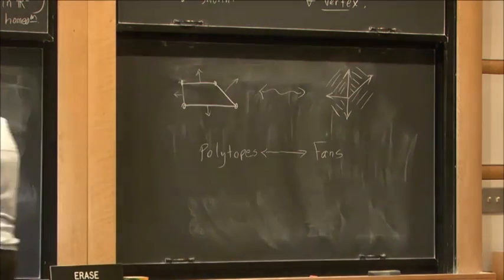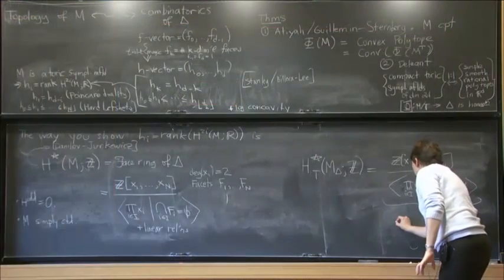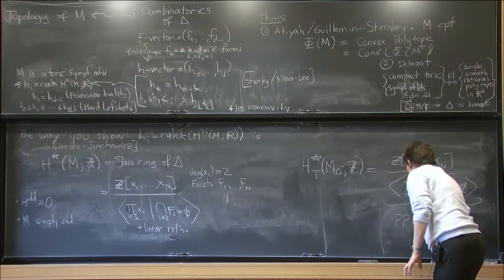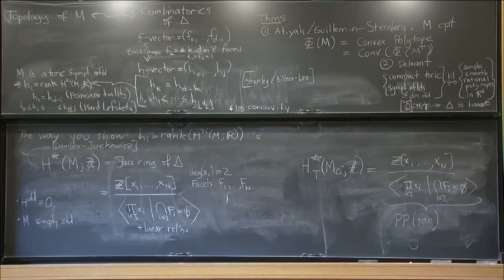And this ring has a nice description combinatorially in terms of the fan. You can describe this ring as piecewise polynomials on the fan. So polynomial functions, a polynomial on each maximal cone, and they have to agree on the intersections.